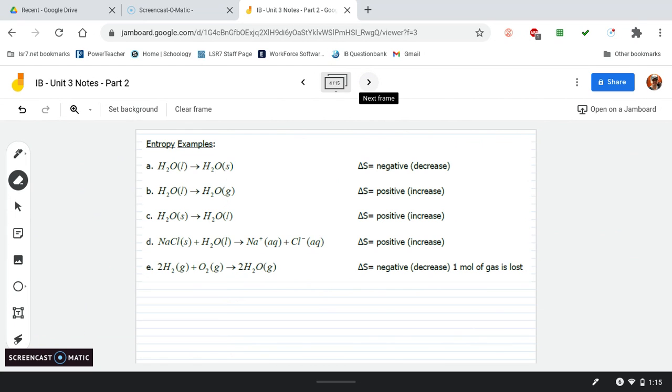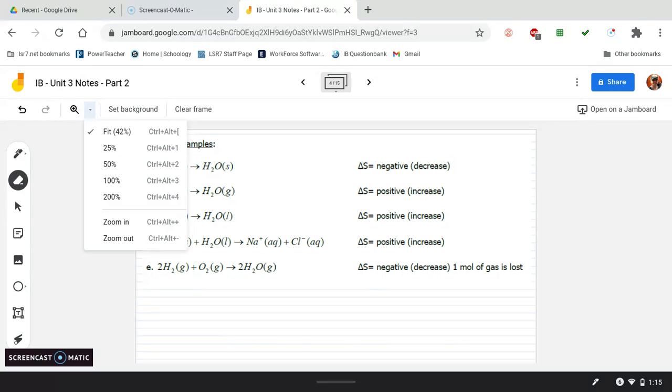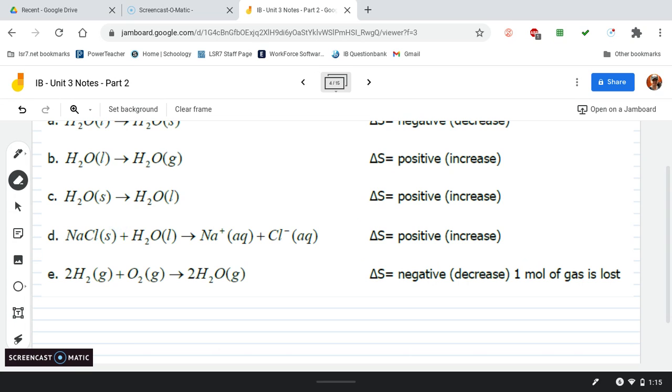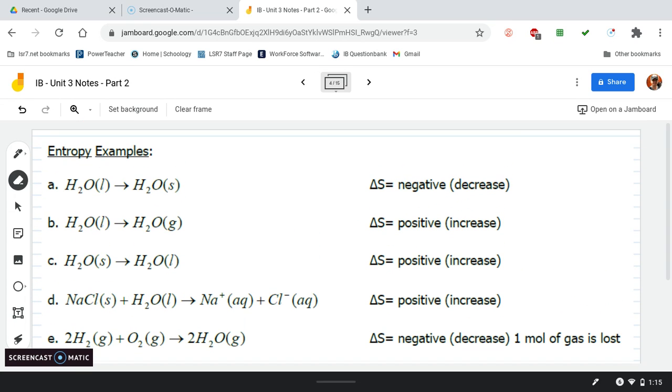Okay, here are some examples. It says liquid to solid. Makes sense: going towards solid, we get the negative, less randomness, less disorder. So always think of it in terms of randomness, because if you think of it in terms of order, it all gets messed up.